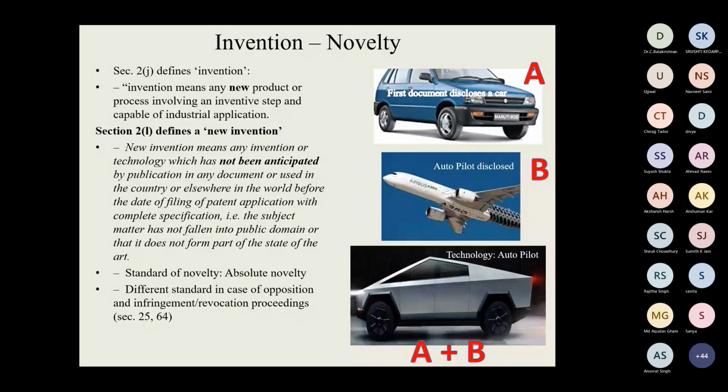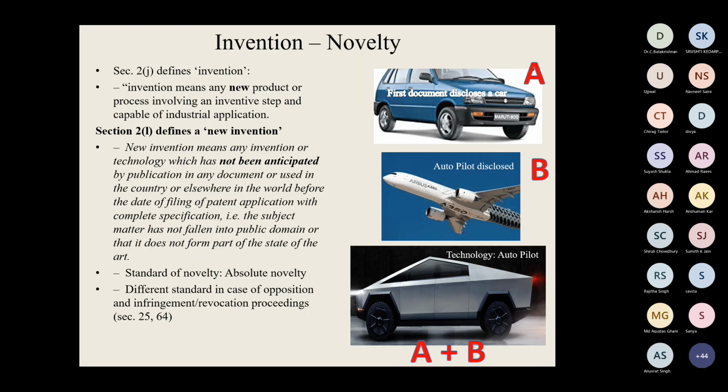However, there are different standards in case of oppositions, infringements, and revocation proceedings. For all these proceedings, we need to understand the subject in detail. Opposition is filed either before your patent is granted or after your patent is granted. So if A has filed an application and B feels that it should not be granted because it lacks some criterion, maybe it lacks novelty, he needs to oppose it.